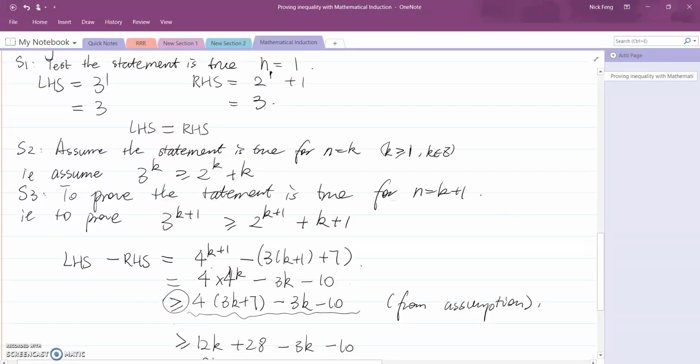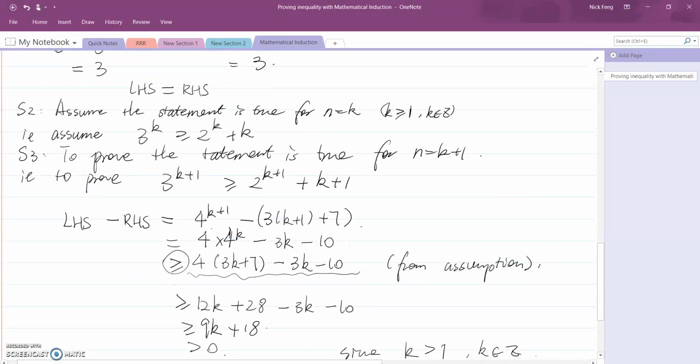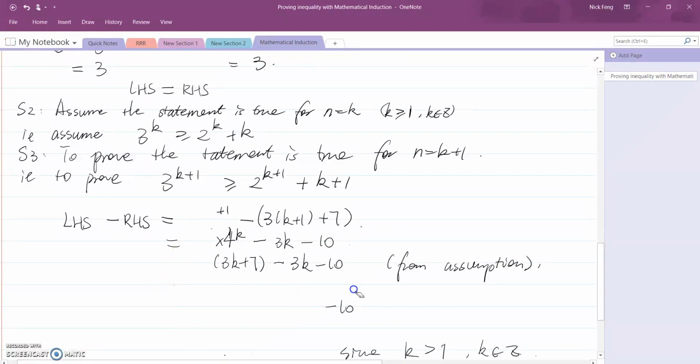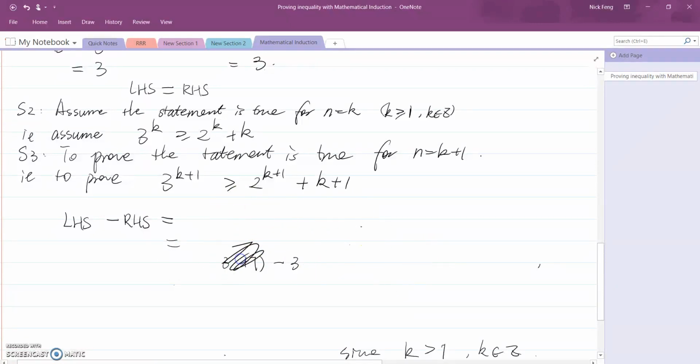Okay, as usual, now we do left hand side minus right hand side, to see if we can come up with a statement that is greater than 0. If we can do that, then we're done. So left hand side minus right hand side in this case is 3 to the power of k plus 1 minus 2 to the power of k plus 1 plus k plus 1 in brackets.